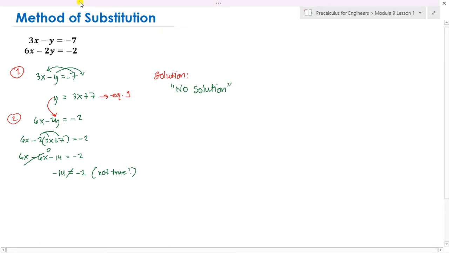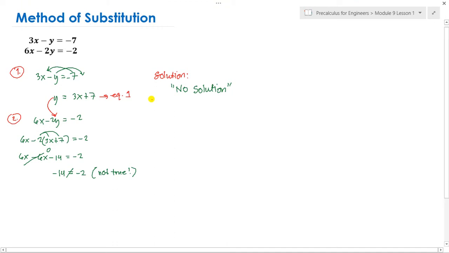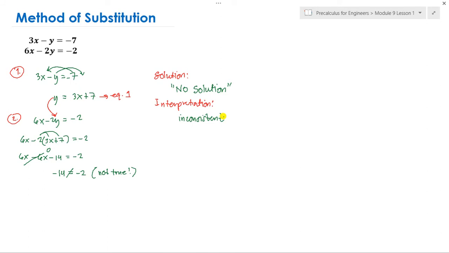And if we're going to interpret a system of equations that has no solution, its interpretation is inconsistent. So this is an inconsistent system of equations, or an inconsistent solution. Now, we can also verify what makes it inconsistent: since there is no solution, there is nothing common to the two.